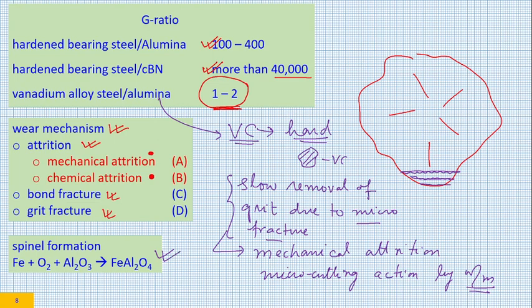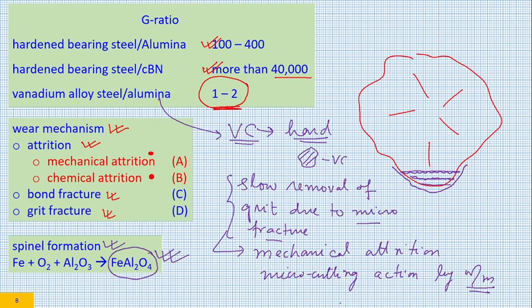Now what is chemical attrition? Chemical attrition has been explained here, which is called spinel formation. If you are grinding steel with alumina in aqueous environment, that means in watery environment, oxygen would be picked up from the watery environment and a spinel will form, which is iron aluminium oxide, and this particular spinel will form on the grit, and this spinel has very low strength.